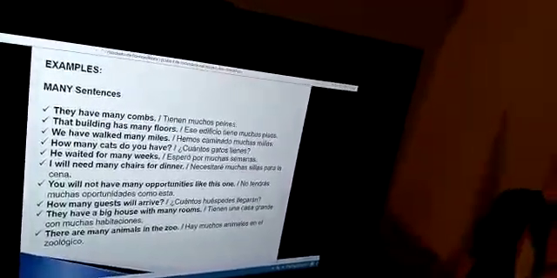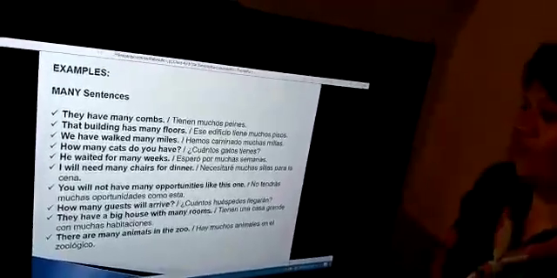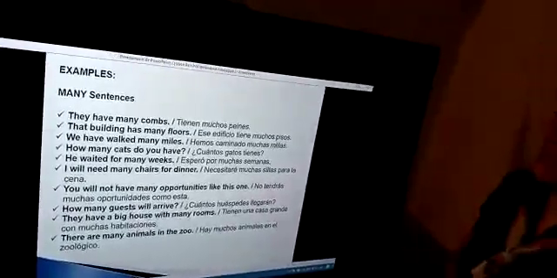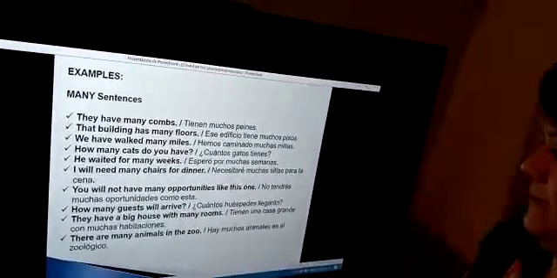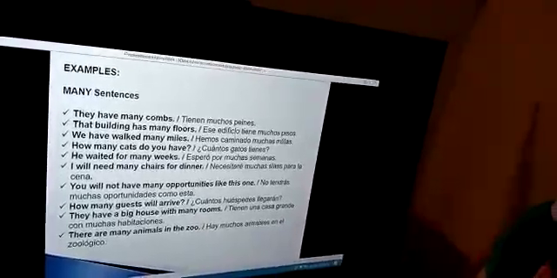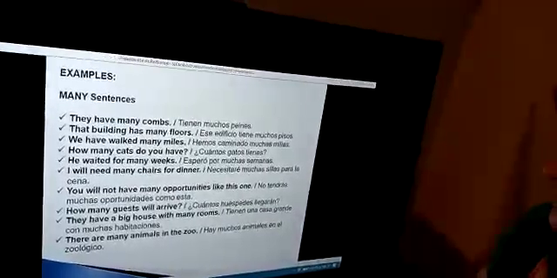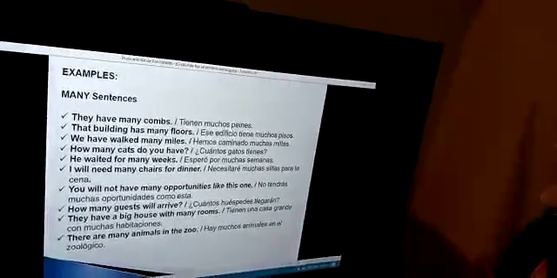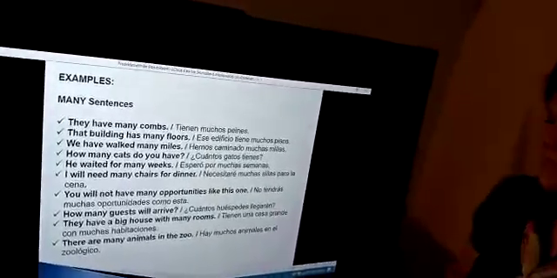The next is, I will need many chairs for dinner. Okay. In Spanish say, necesitaré muchas sillas para la cena. Okay. The next is, you will not have many opportunities like this one. And in Spanish say, no tendrás muchas oportunidades como esta.